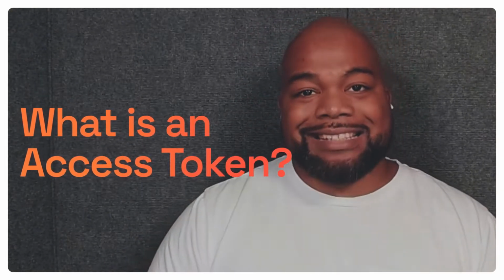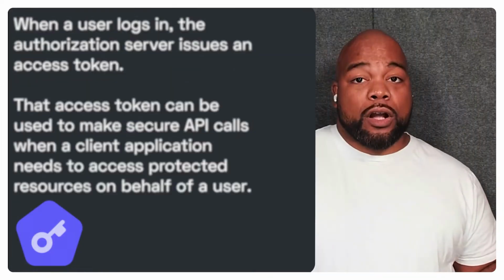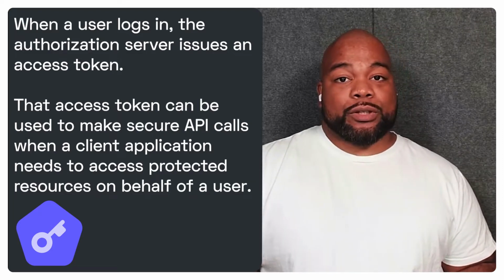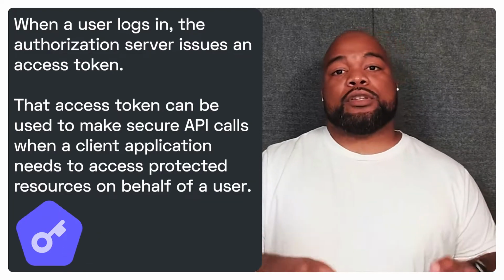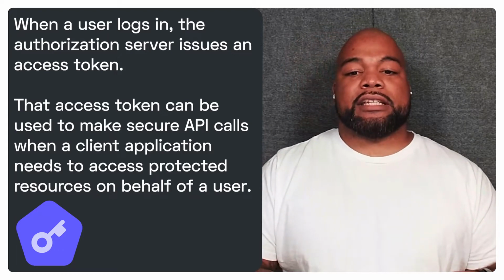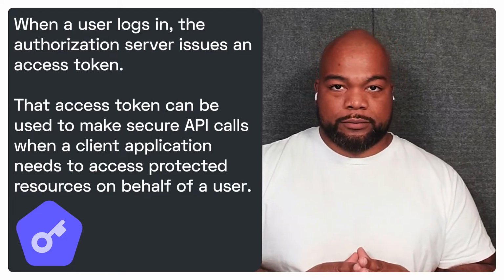What is an access token? When a user logs in, the authorization server issues an access token. That access token can be used to make secure API calls when a client application needs to access protected resources on behalf of the user.